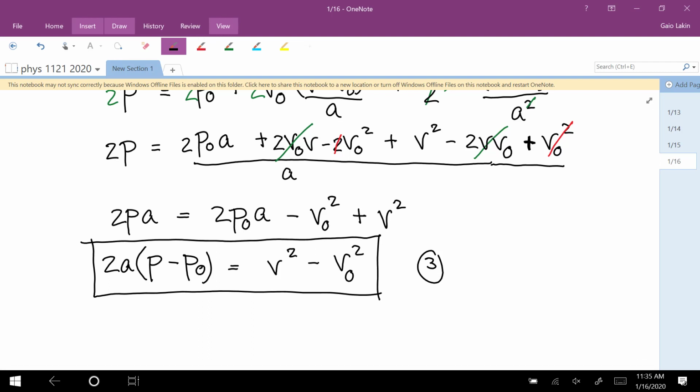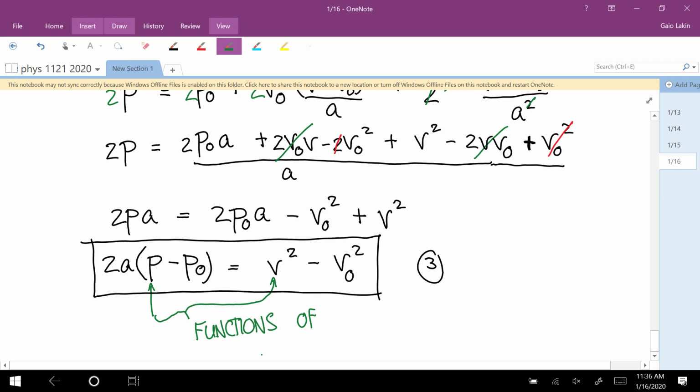So the things that you need to keep in mind are these two are functions of time, even though we don't have an explicit dependence on time. Those have to be at the same time t. Okay, those have to represent the same instant.